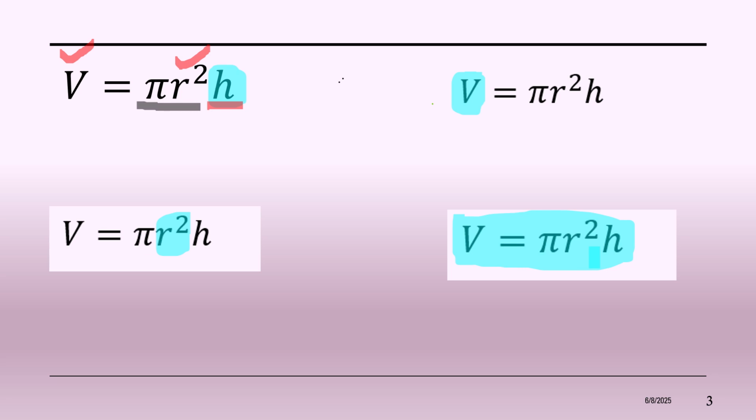So you know that if you've got the pi and r squared, it means you have to divide by pi r squared on both sides. Remember the rule, whatever you do on one side, you have to do on the other side. This will cancel out, and therefore you would be able to find your height.